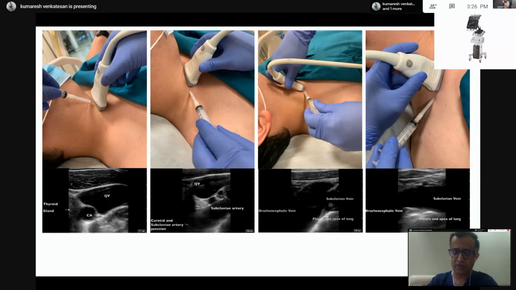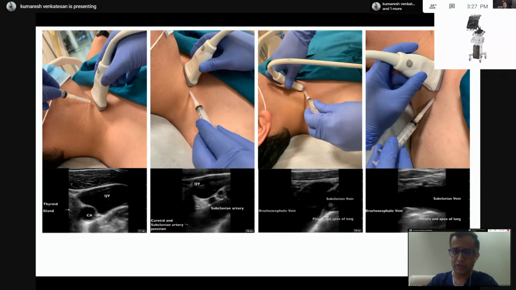When you come down, it becomes more superficial, especially between the heads of the sternocleidomastoid, the clavicular and the sternal heads. The vein is quite superficial, but you may also see the underlying subclavian artery where it runs underneath to go and join the internal carotid, to become the brachiocephalic. So that's at the lower part of the neck.